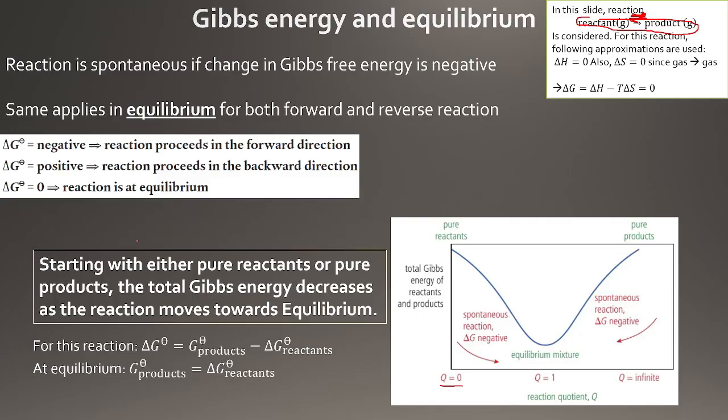So when we start from pure reactants or pure products, depending on the Gibbs energy value of the reactants and products, the reaction might go spontaneously towards equilibrium. If that minimizes the Gibbs energy, then that is spontaneous. And at the sweet spot, the Gibbs energy change is 0, and then the reaction is at its equilibrium.